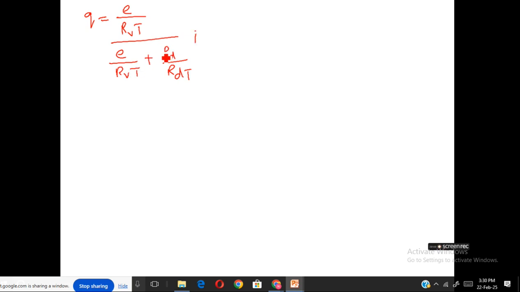From here, T is common, the value of T is the same. So Q will become E by RV by E by RV plus PD by RD. From this we can take 1 by RV as common.